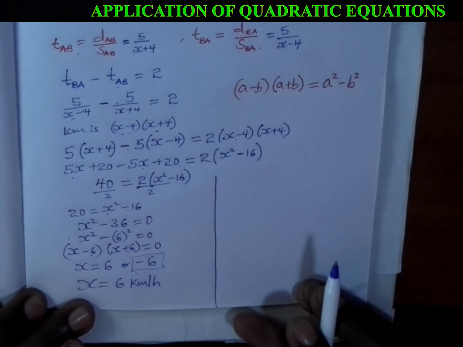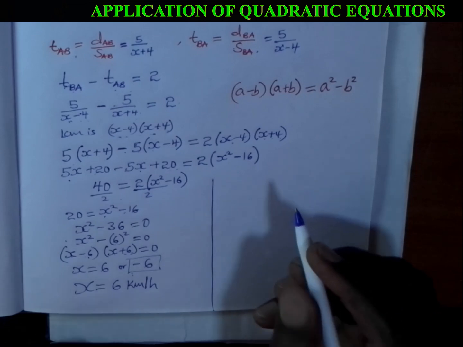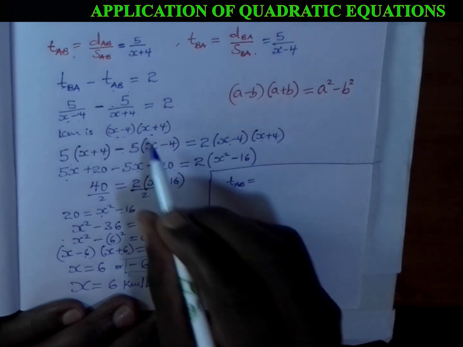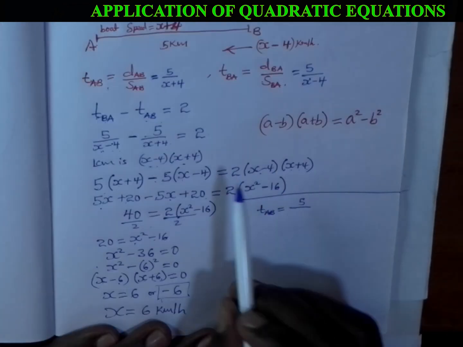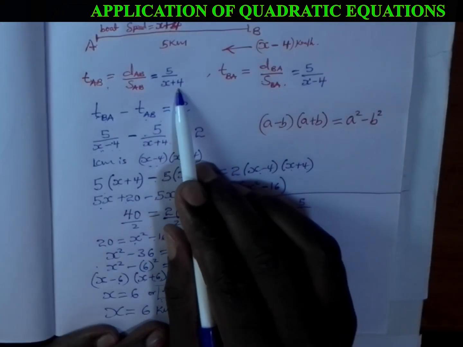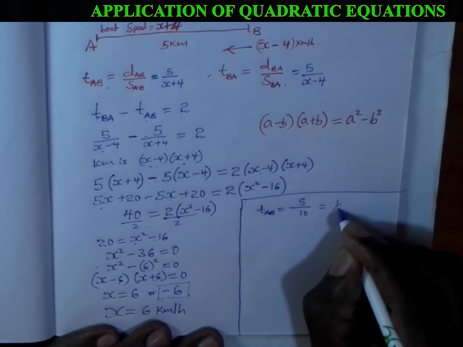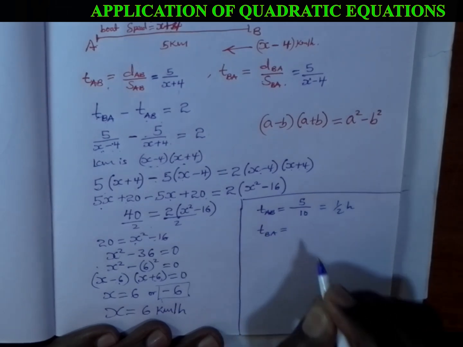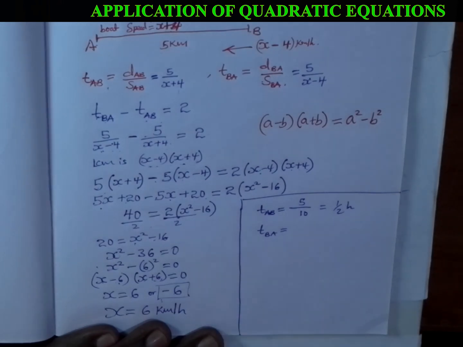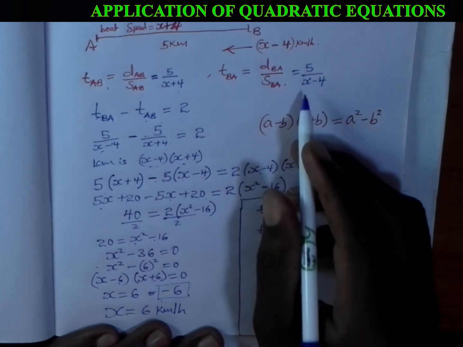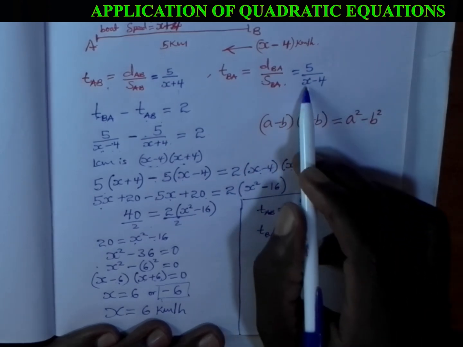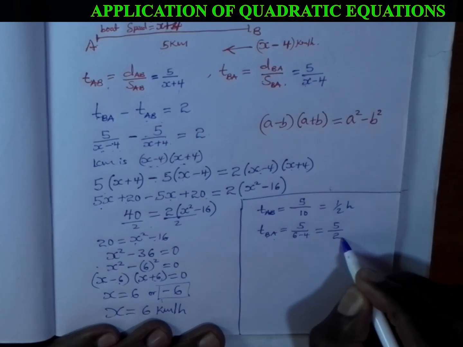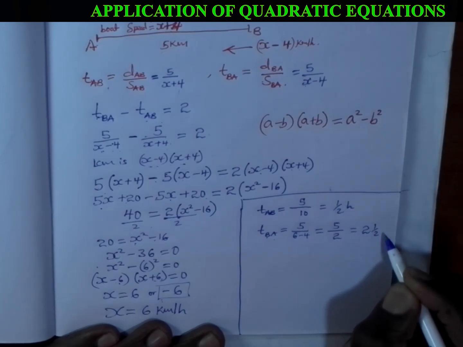From B to A, it took 2 hours more, but time from B to A, so we substitute here 5 over x, which is 6, minus 4, so we get 5 over 2, which is 2.5 hours.